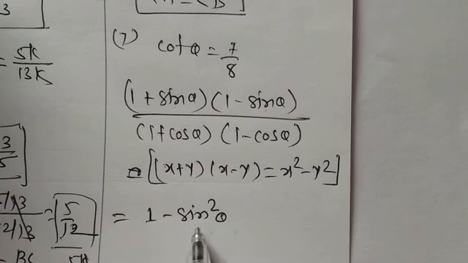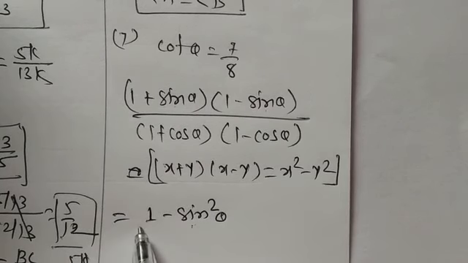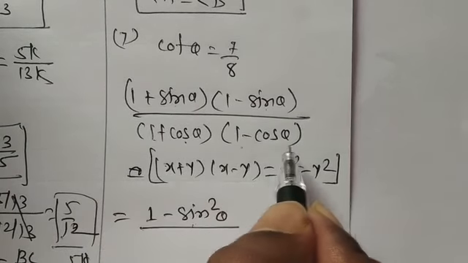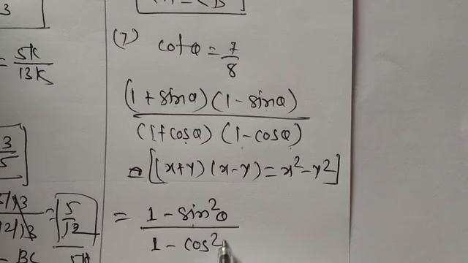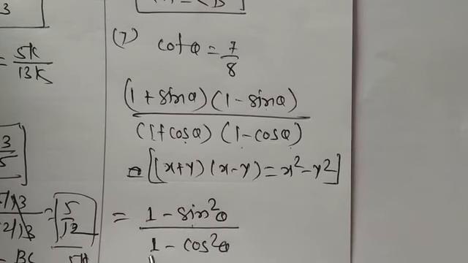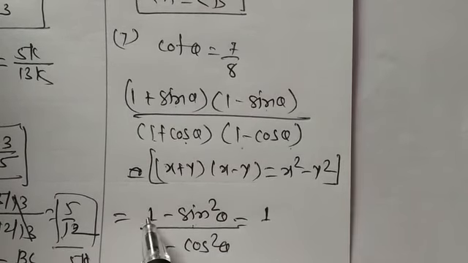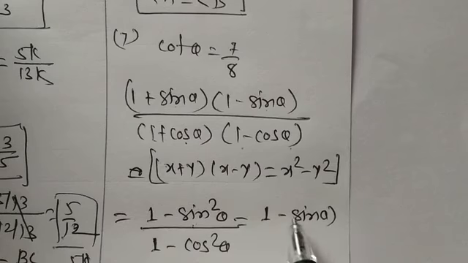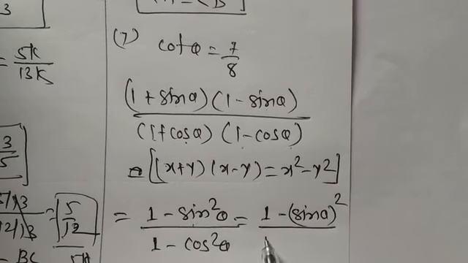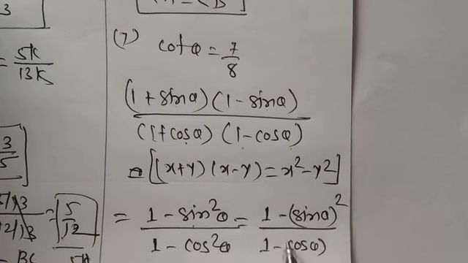Upon 1 plus cos theta, 1 minus cos theta, again you can write 1 minus cos square theta. So that is, 1 square is 1, so 1 minus sin theta whole square upon 1 minus cos theta whole square.